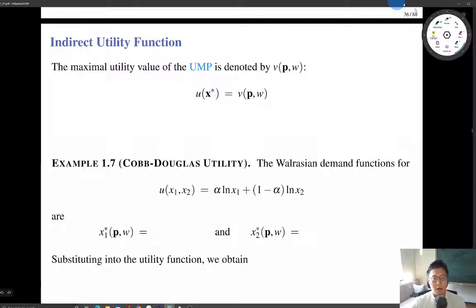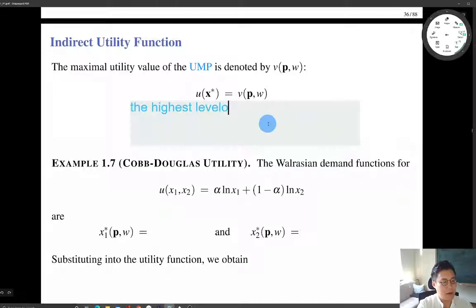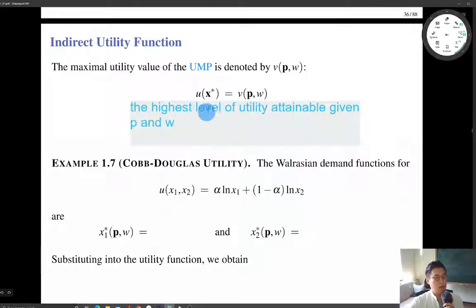So it can be interpreted as the highest level of utility obtainable given price vector p and income w. So that has a special name. We call that the indirect utility function.